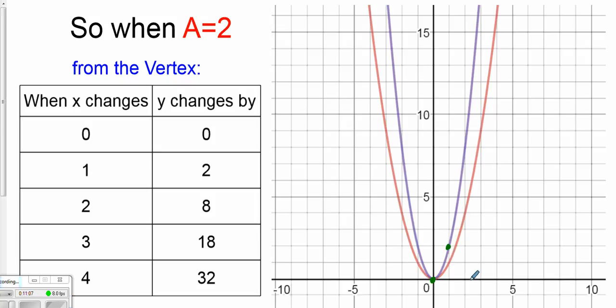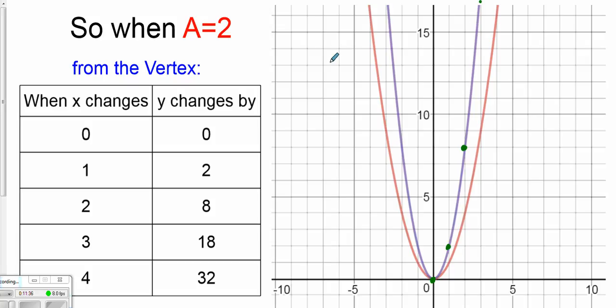If x jumps over 2, our y is actually jumping up by 8 instead of by 4. If x changes by 3, our y changes way up here off screen at 18, which is double what it was. Again, this would normally just be a 9 right here, but it's twice as big. So you can see that when a is 2, this gets a little bit more narrow because it's growing so much faster.